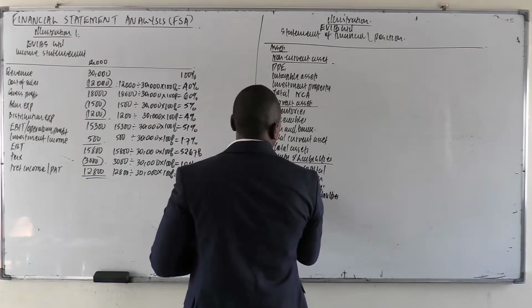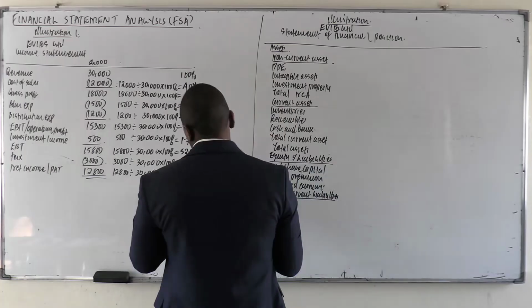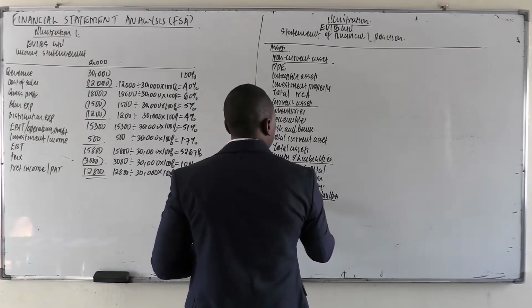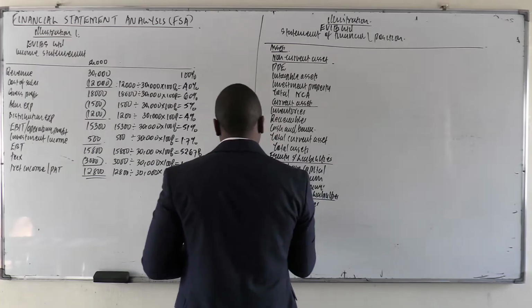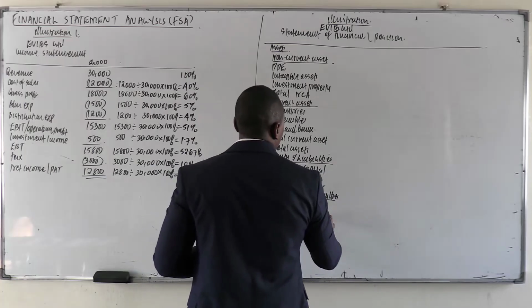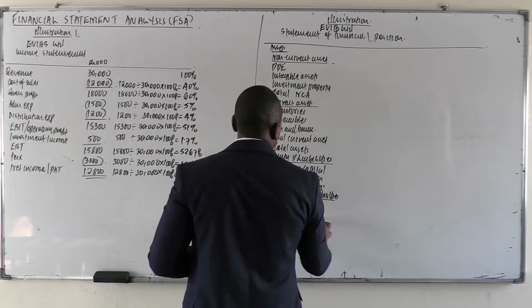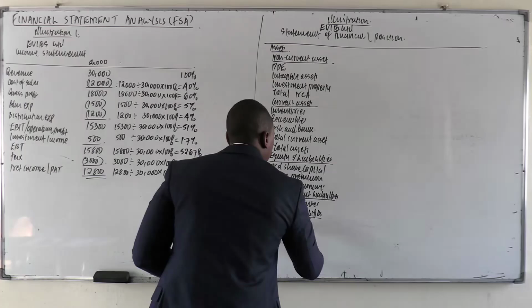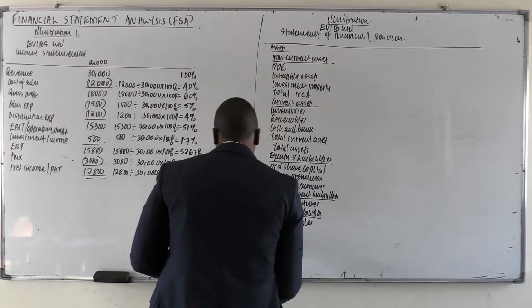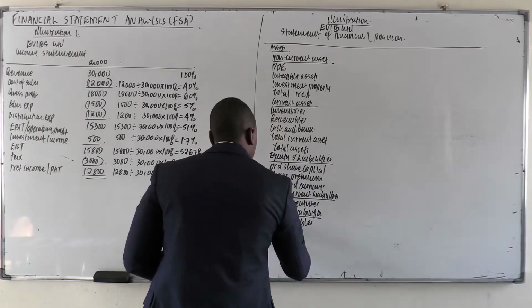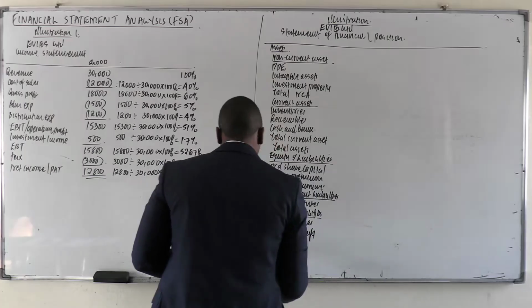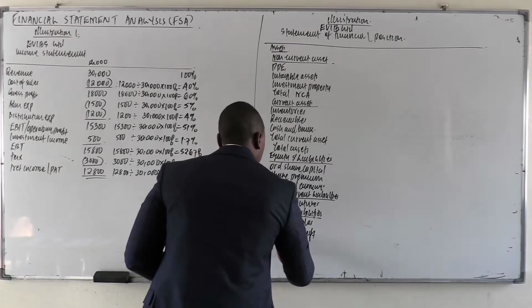For the non-current liabilities, we have 10% debentures. Then you have the current liabilities: trade payables, and then the bank overdraft. Then we have the totals.